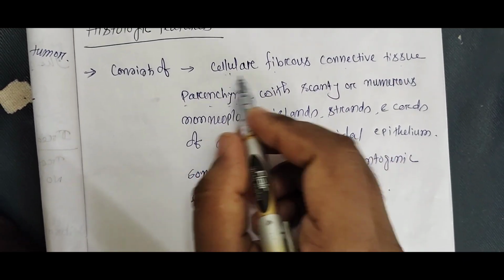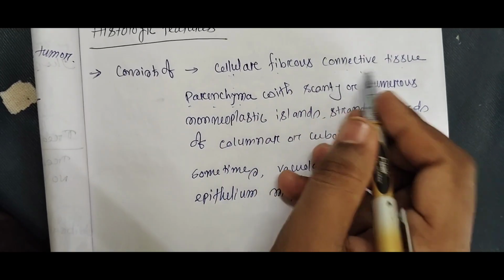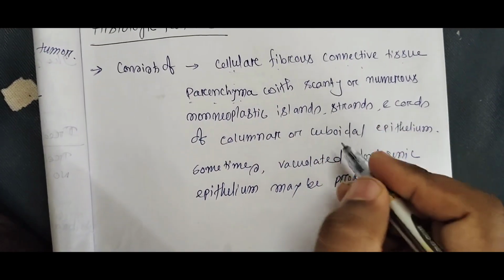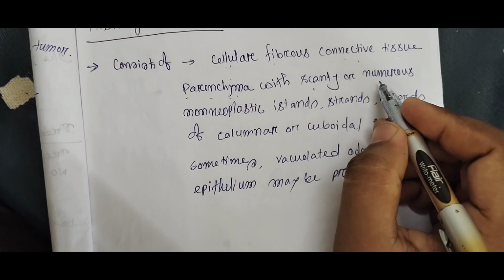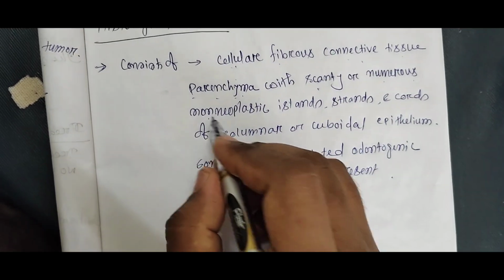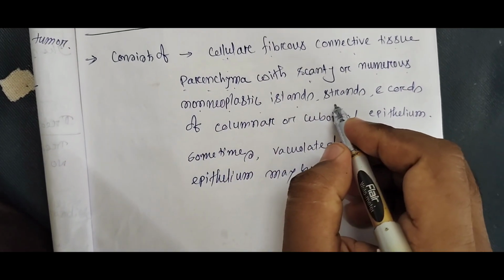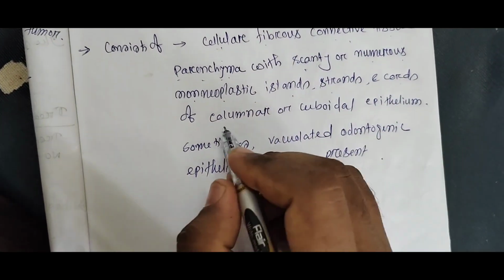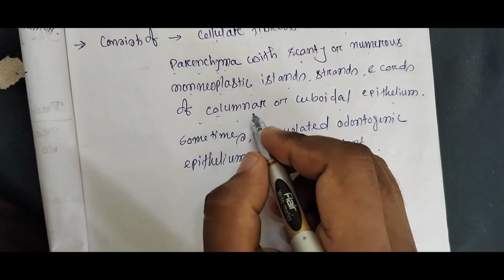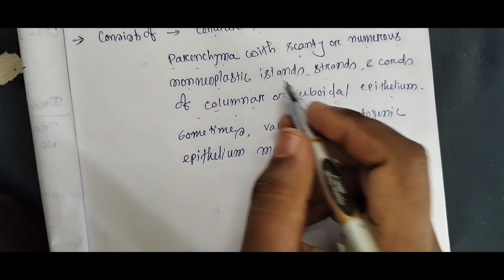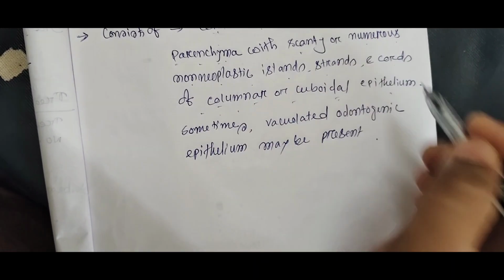This is connective tissue, that means it is mesenchyma. Now coming to the epithelium part, scanty or numerous non-neoplastic islands, strands, cords of columnar or cuboidal epithelium. This is epithelium part. So here is connective tissue plus epithelium.